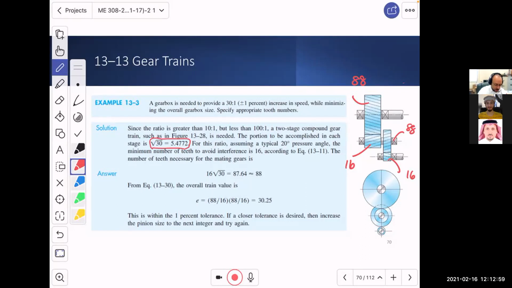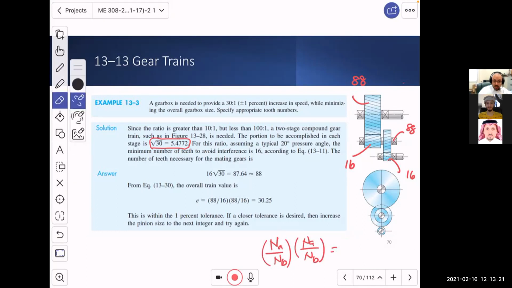Isn't that true? We said that NA over NB multiplied by NA over NB is equal to what? We said that this is supposed to be E, and we said that E here is 30, because it's the amplification of the rotation.